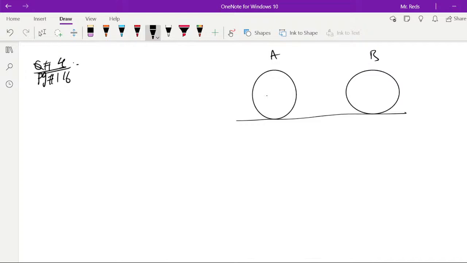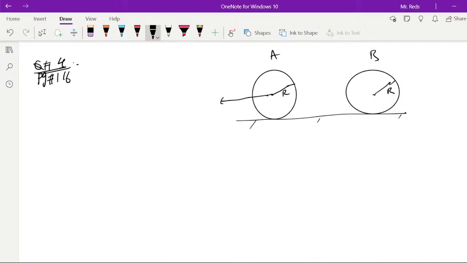Both are having the same radius, R and R, and are rolling over a horizontal conducting plane. This is a plane which is a conducting plane, a metal conducting plane, with the same speed v but in opposite directions.